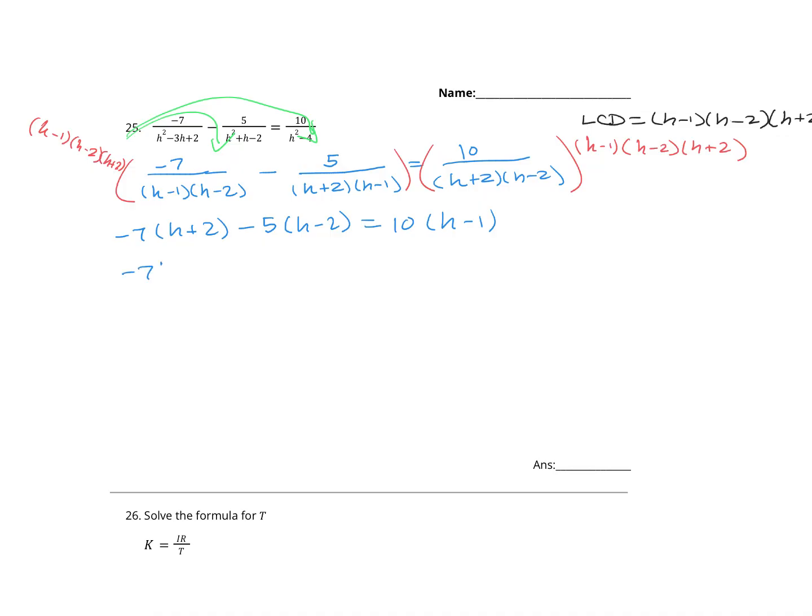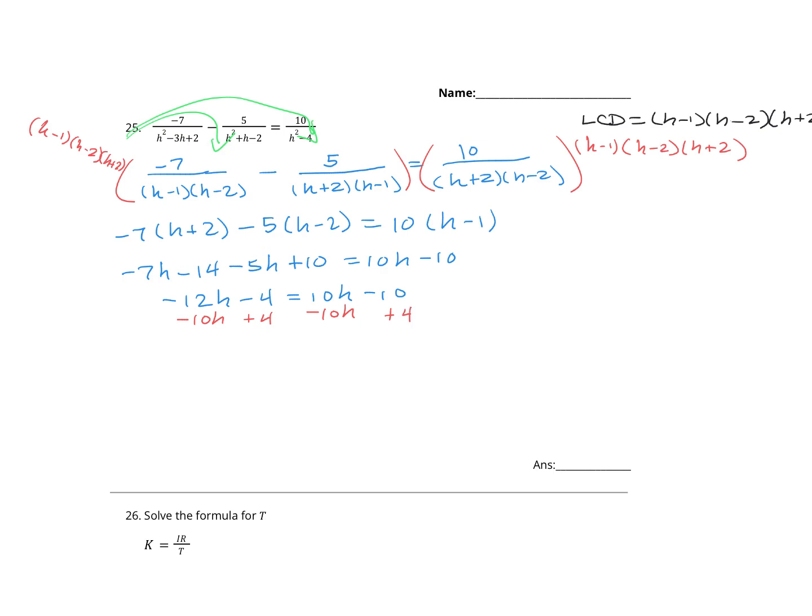So that's -7h minus 14 minus 5h plus 10 is 10h minus 10. Combining like terms, that's a minus 12h minus 4 is equal to 10h minus 10. Just like before, we will combine like terms by subtracting 10h from both sides and adding 4 onto both sides.